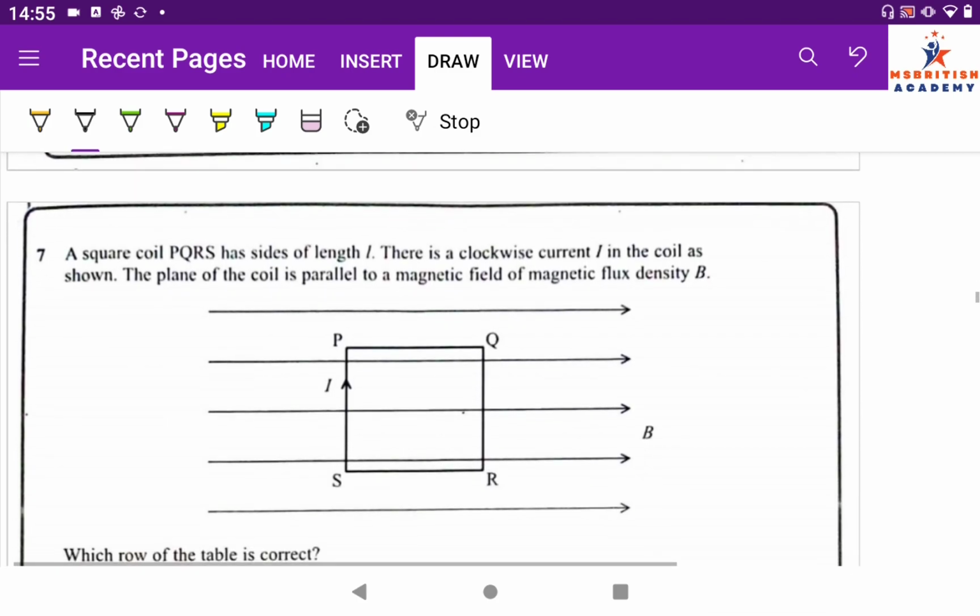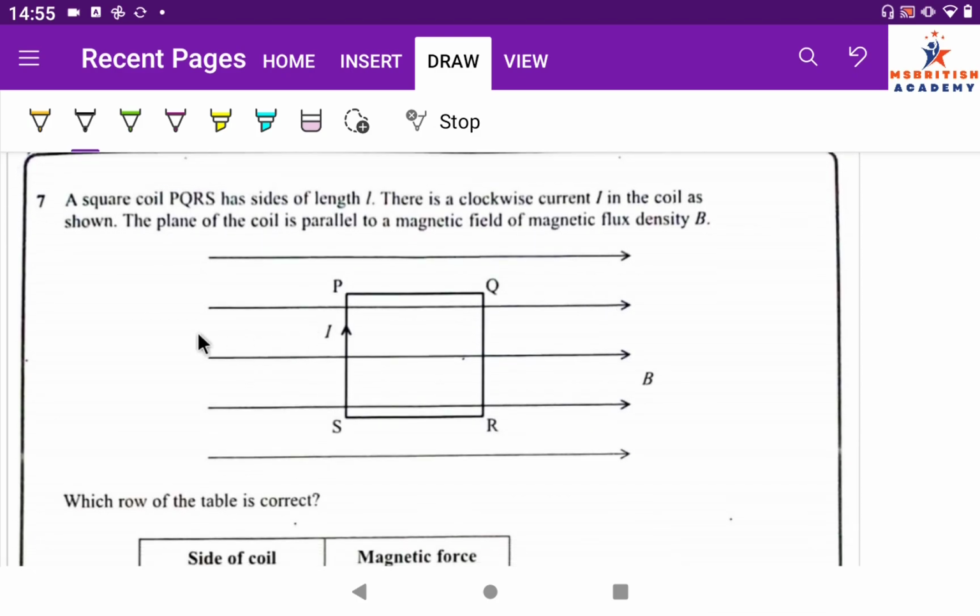Now question 7. A square coil PQRS has sides of length L. There is a clockwise current I in the coil as shown.